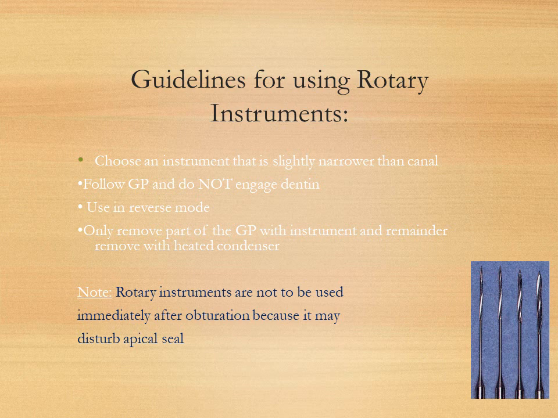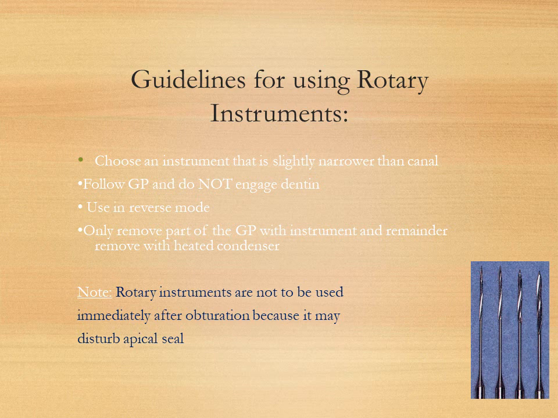Always use it at slow speed. Traditionally we have been taught that we use the piezo reamers and the drills in the speed range of 800 to 1200 rpm, and not more than that, so that you don't perforate the root canal and complicate matters.